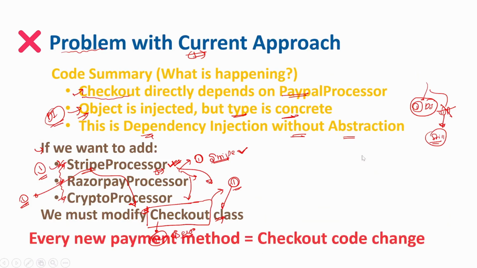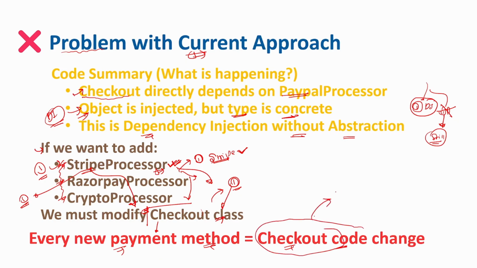So every time we add a new payment method, we have to change the checkout code. This is an example of a tightly coupled system.